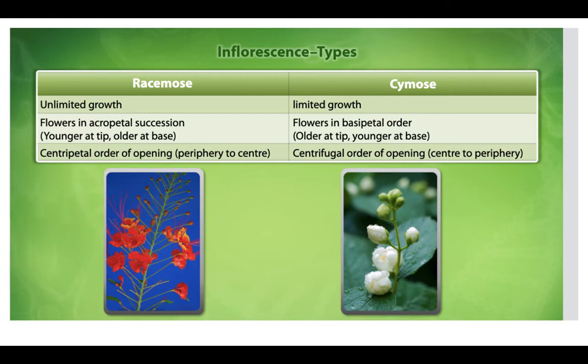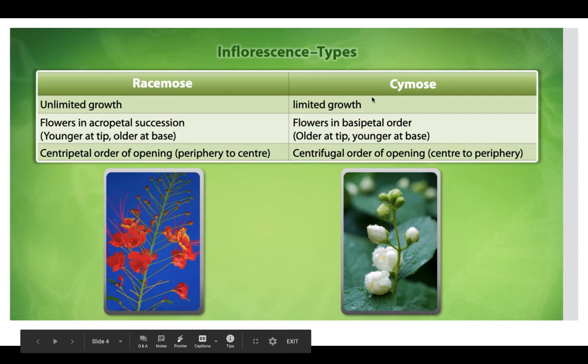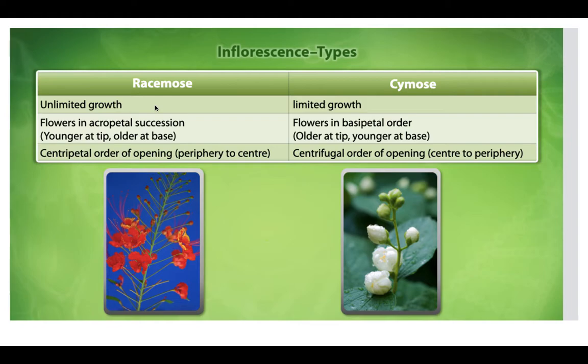There are basically two types of inflorescence. One is racemose and another is known as cymose. In racemose, unlimited growth of the floral axis is going on. On the other side, in cymose type of inflorescence, limited growth of the floral axis is there. The second point of difference is that the flowers in racemose are in acropetal succession, meaning younger flowers are at the tip region and older ones are at the base.